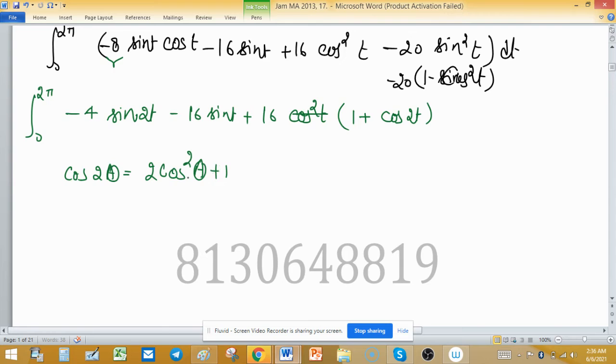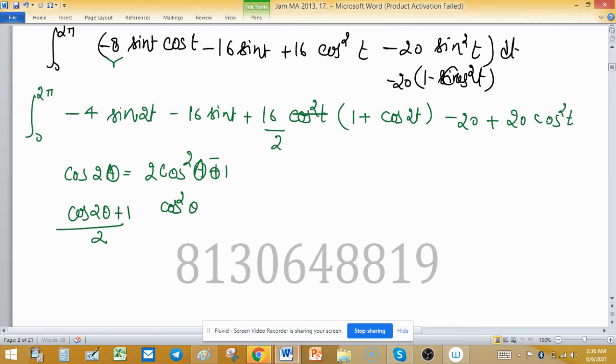So I need to write cos squared theta, which will be (cos 2 theta plus 1) divided by 2. So for the 16 cos squared t term, I need to divide by 2, and the term is minus 20 plus 20 cos squared t.